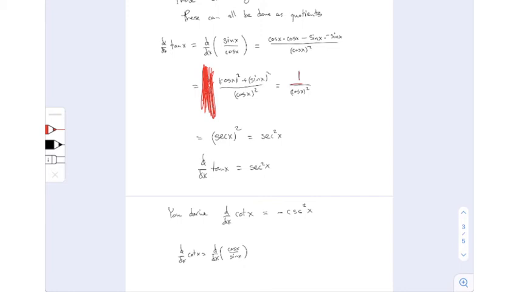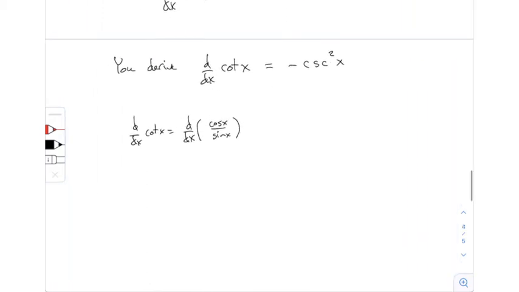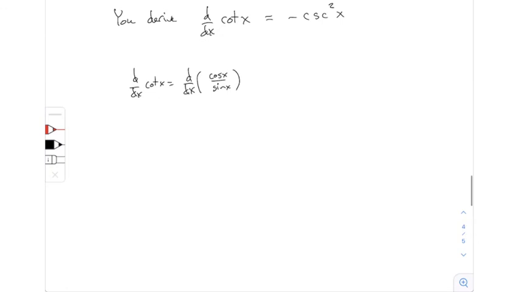All right, looks like people can hear. Let's chat about it. So you basically want to do the same steps like I did before. I do the derivative of cosine over sine. So the quotient rule. It'll say the bottom, which is sine x, times the derivative of the top, which is minus sine x, minus the top, cosine x, times derivative of the bottom, cosine x, all over the bottom squared.